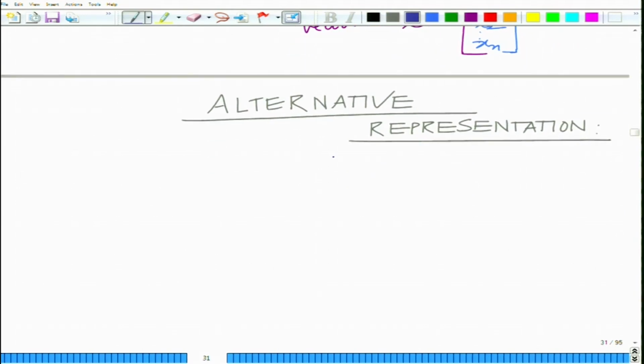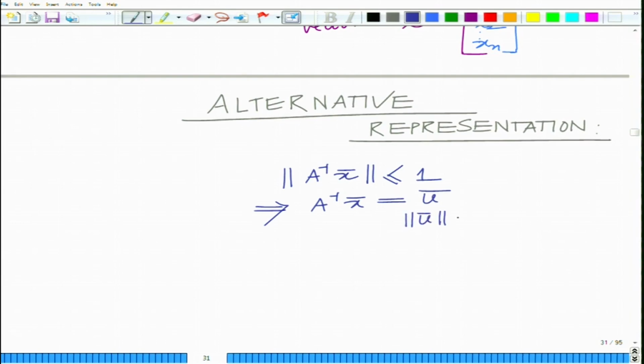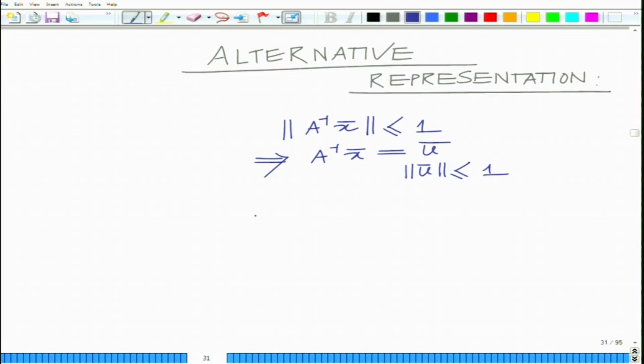We have norm A inverse x bar less than or equal to 1, which implies I can set A inverse x bar as a vector u bar with norm u bar less than or equal to 1, that implies x bar equals A times u bar with norm u bar less than or equal to 1.